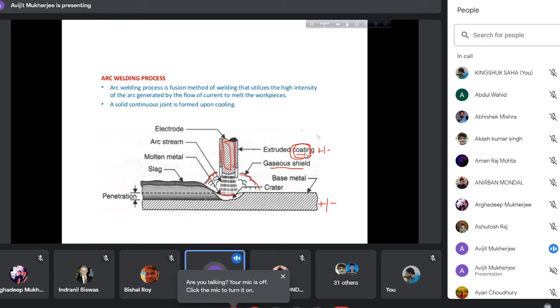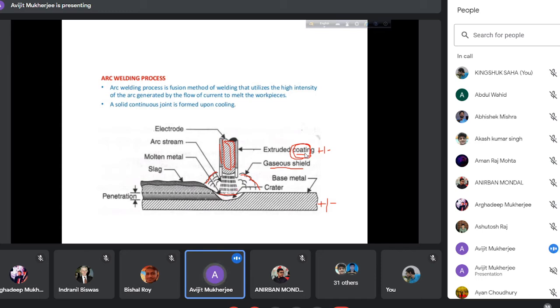Similarly, if the weld pool or weld metal gets a lot of time to cool, that slow cooling will give a sound weld in the weld zone. So this gaseous envelope helps to reduce the heat dissipation of the weld metal.